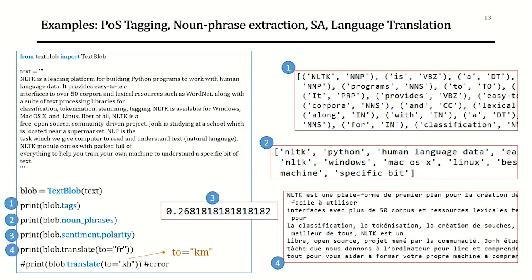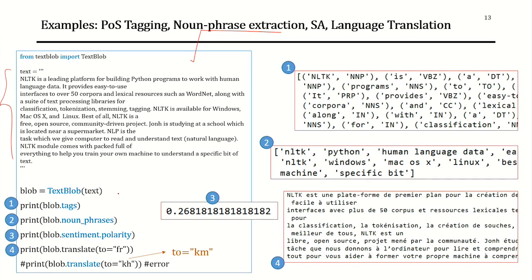And this shows you more examples on how we can perform the part-of-speech tagging, noun phrase extraction, sentiment analysis, as well as the language translation in the TextBlob module. Suppose that you have this piece of text which consists of many sentences.